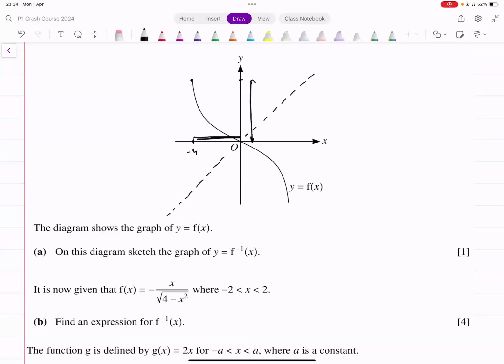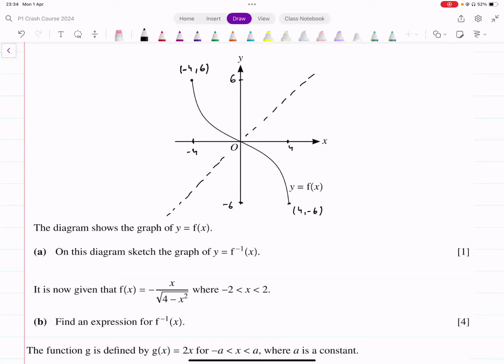You can see that the x coordinate of this point on the left side, the magnitude of that, is less than the y coordinate. So if I call this -4, this would be, let's say, 6. Okay, so I'm just marking these points roughly like this. So this point could be, let's say, -4, 6. And then similarly, this point on the other side, it's kind of a symmetrical graph. So this is going to be 4 and -6. So I have these points here.